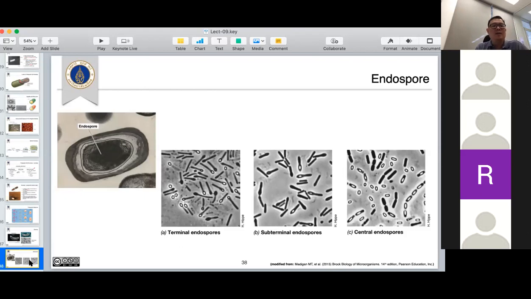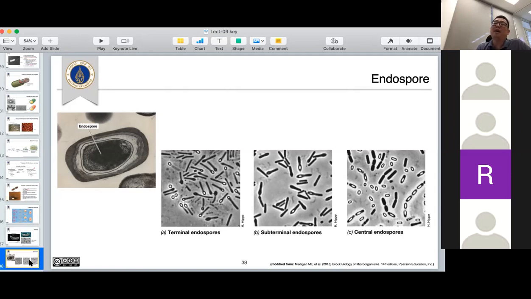The endospore is generated to let bacteria tolerate extreme environments or environments that harm bacterial life. The reason they are not reproductive is that one cell produces one spore. They cannot multiply. But it is rare for bacteria to be able to produce endospores.